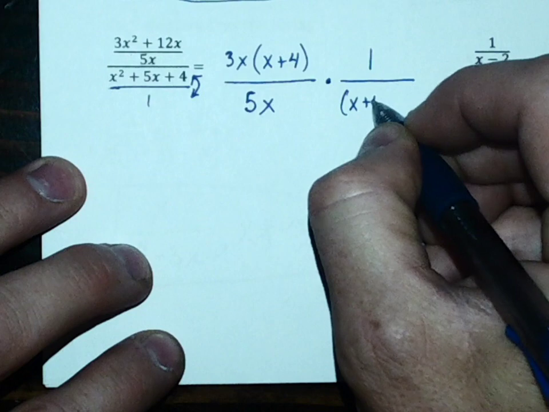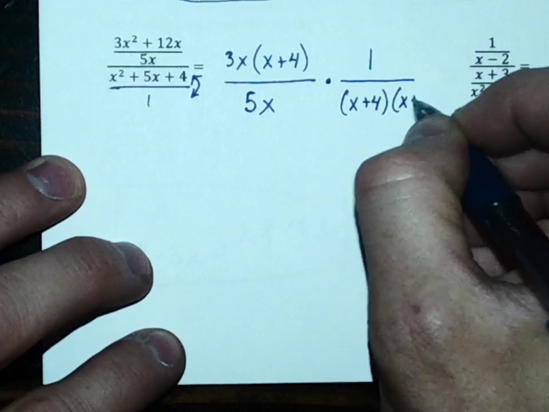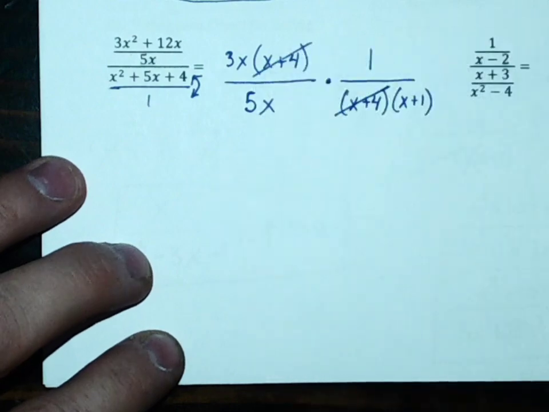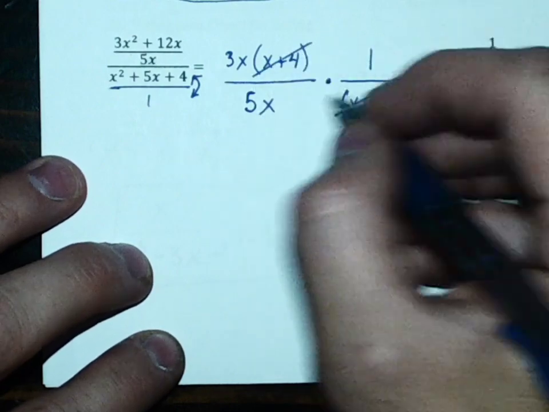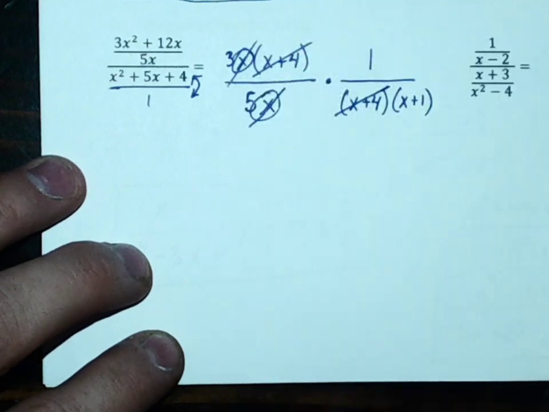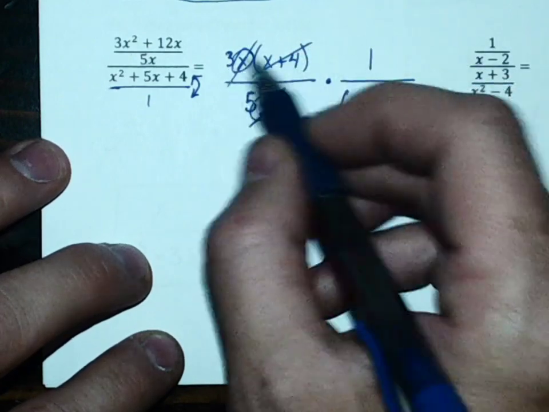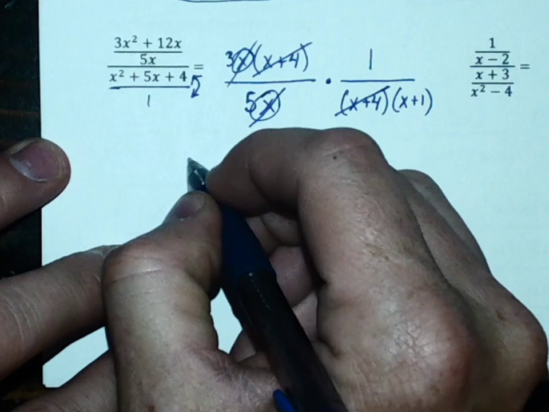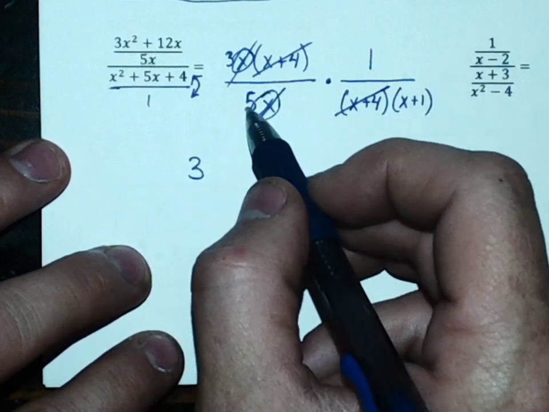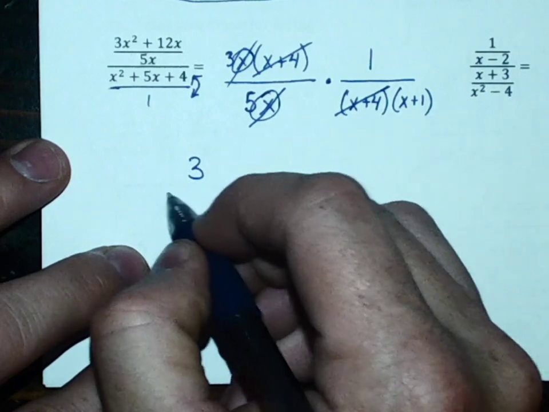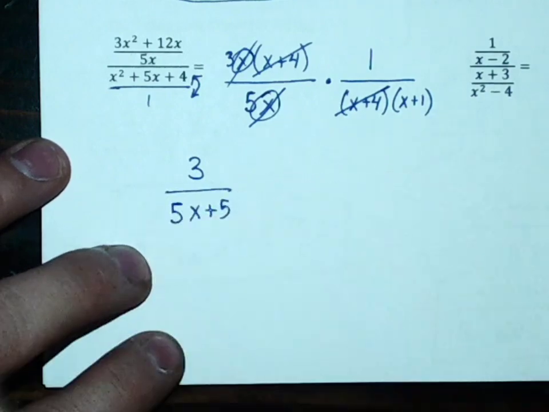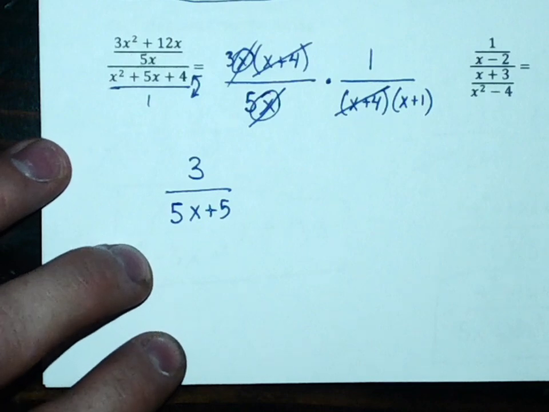So x plus 4, x plus 1. x plus 4 divides away with x plus 4. The x down here divides away with that x up there, leaving just 3 times 1 in my top, so 3 in my top, and just leaves a 5 times an x plus 1 in my bottom. So a 5x plus 5 in the denominator.